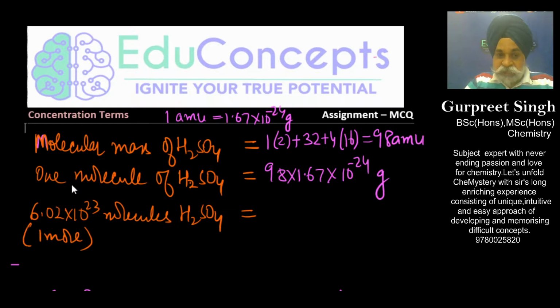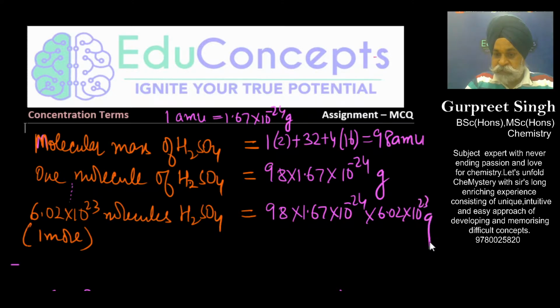Now, if I keep on adding these molecules and reach a value of 6.02 × 10^23 molecules, it would weigh how much? It would weigh 98 × 1.67 × 10^-24 × 6.02 × 10^23 grams. When these terms get multiplied, that comes equal to 1.